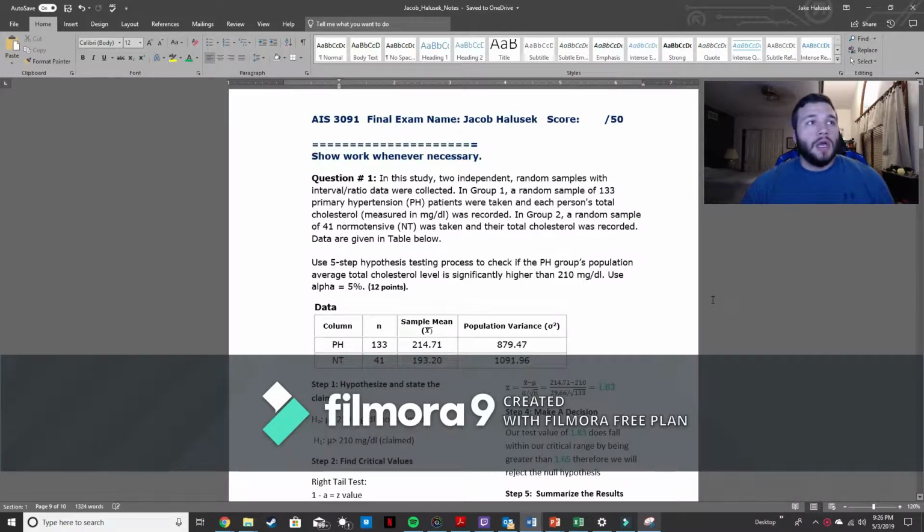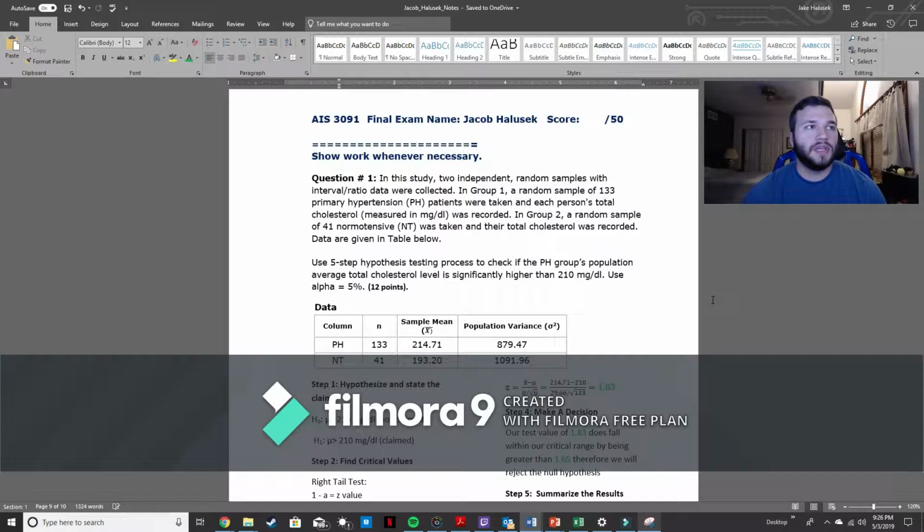So, question 1 states that in this study we are given two independent random samples with interval ratio data. In group 1, we had a random sample of 133 primary hypertension patients, and each person's total cholesterol was measured in milligrams per deciliter and recorded.